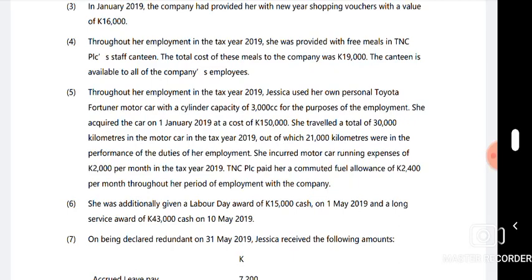So let's go to a new page where I'll show you the computations of all these details that they've given, also taking note of how many kilometers she did for the business, which was 21,000 kilometers out of 30,000. So let's go to the next screen and see how we'll compute. First of all, we want to check: is she subject to any capital allowances? We said yes.